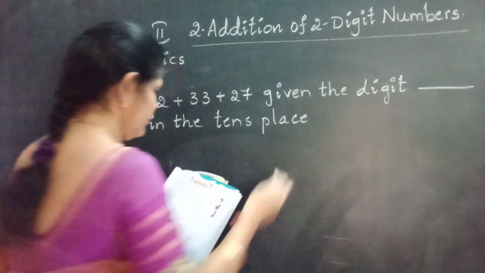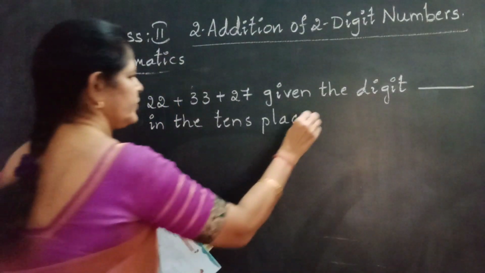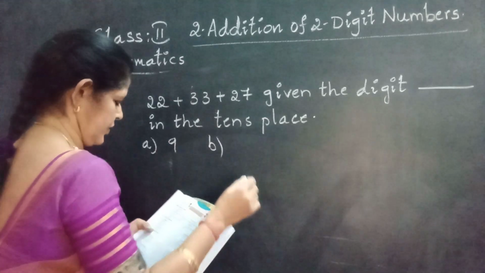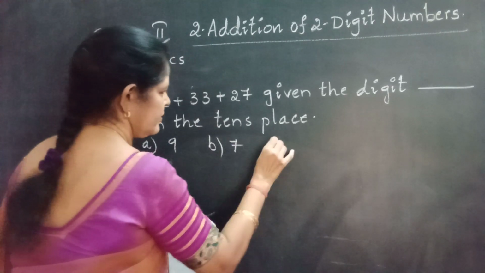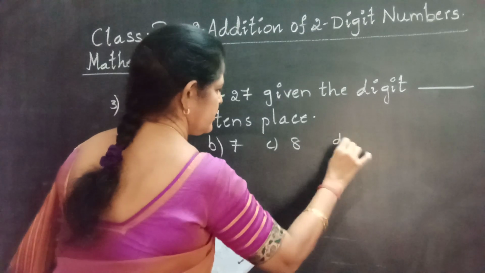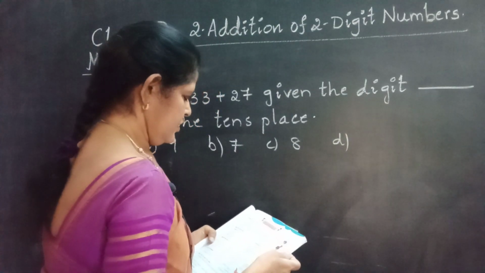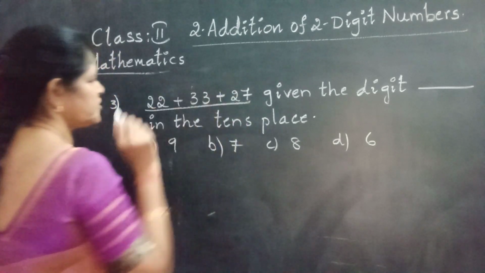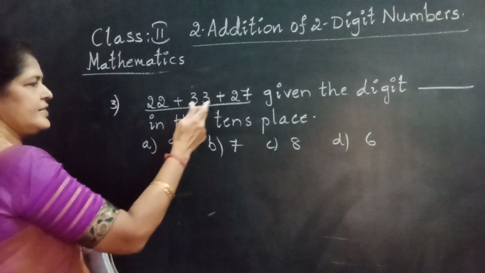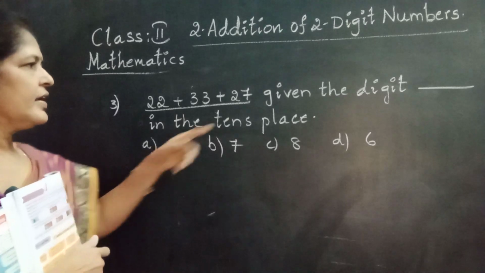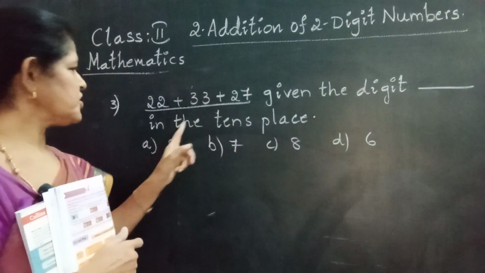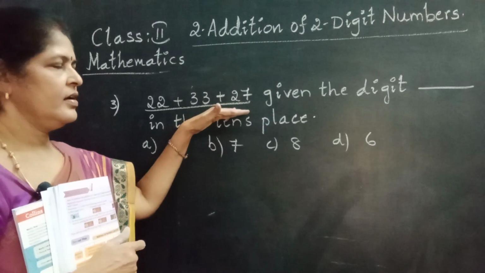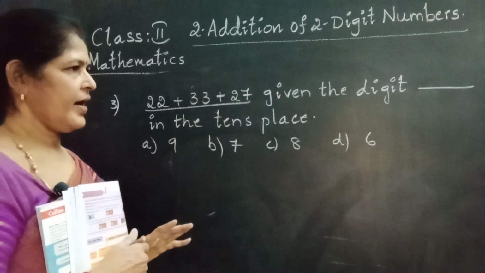Come on. What is the given question? See, the options are A, 9, B, 7, C, 8, D is 6. See here, the question is addition. 22 plus 33 plus 27. Given the digit dash in the tens place. In this addition, what is the tens place number?